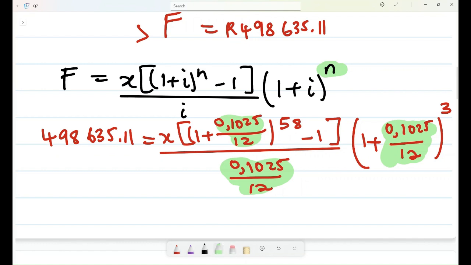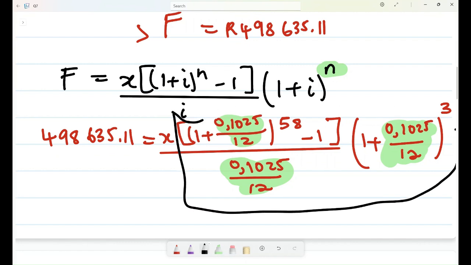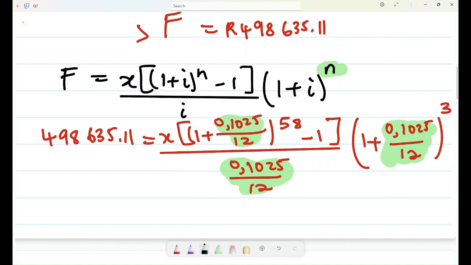Normally what I do is I take this whole part and punch it on my calculator, to avoid doing multiple calculations. So I'm going to say bracket 1 plus 0.1025 divided by 12, all raised to the power of 58 minus 1, close bracket, divide by 0.1025 divided by 12. Then I multiply everything by 1 plus 0.1025 divided by 12, all raised to the power of 3.